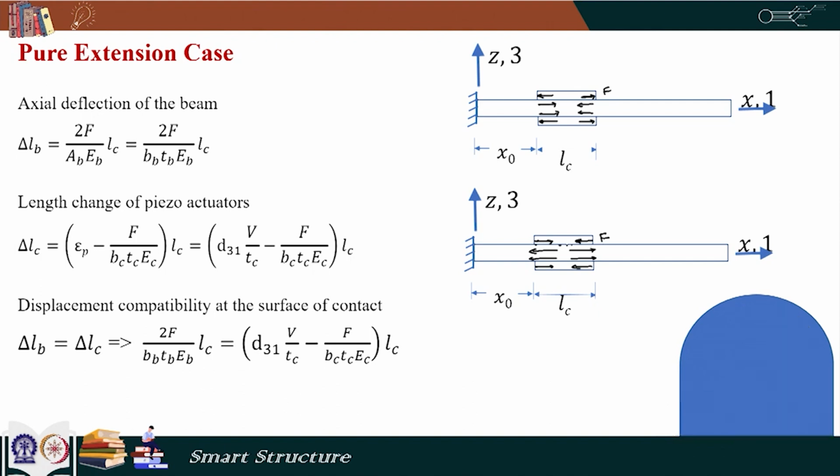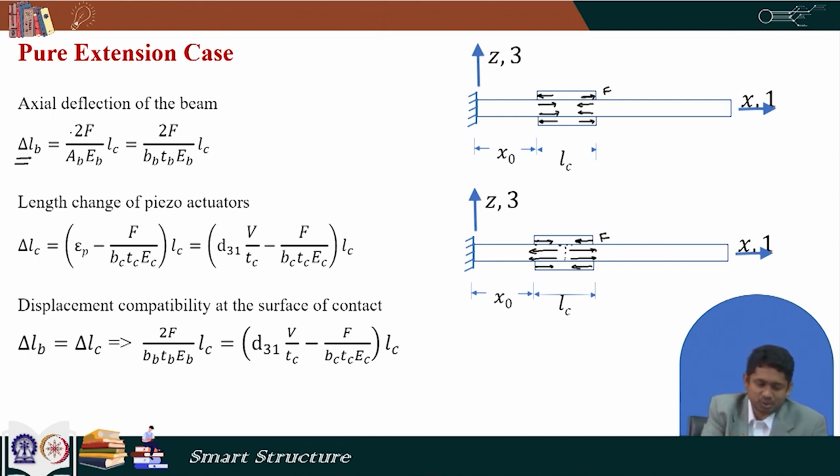Now, it is because it is axial effect. So, the effect is same whether at the top junction or the bottom junction or in between those, it does not matter, everywhere it experiences same expansion or contraction, and that is denoted as delta LB. Now, delta LB is, if we see, we have a force F and we have a force F. So, the total force experienced by the beam at here is 2F.